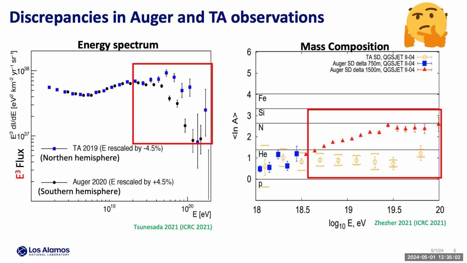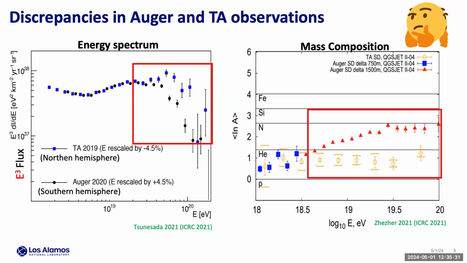The first discrepancy is found in the energy spectrum. As you can see here, below about 3 times 10 to the 19 electron volts, they had a great agreement in the cosmic ray flux. But above that energy range, they have a discrepancy. And also in that range, they have a discrepancy in mass composition.